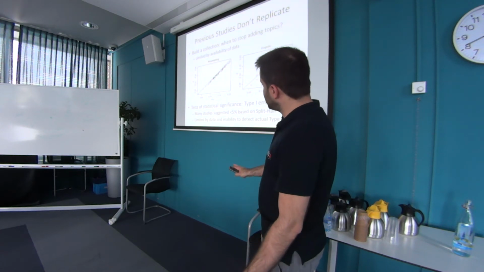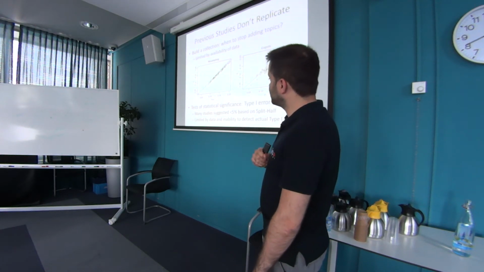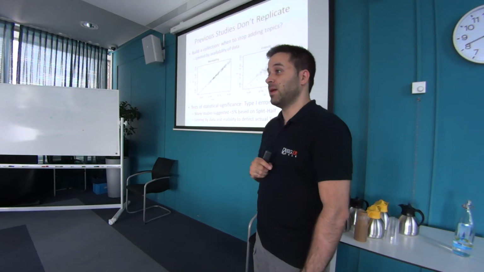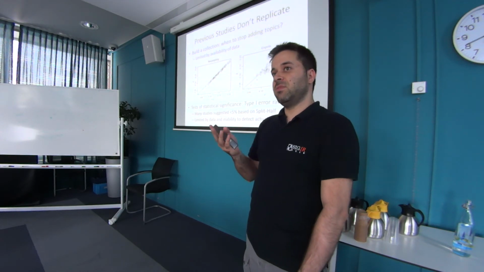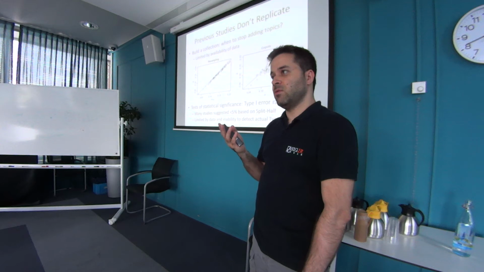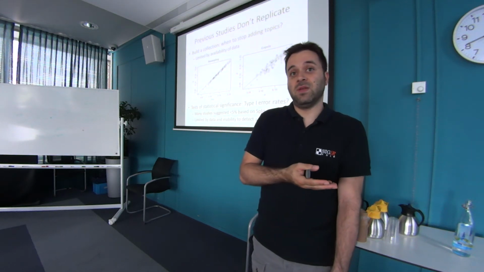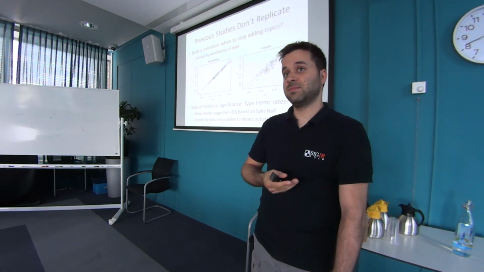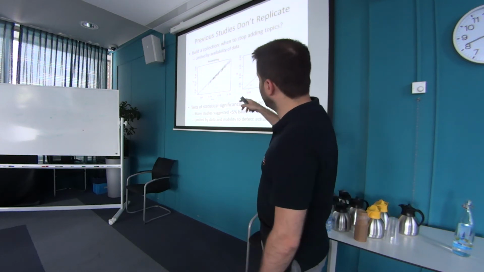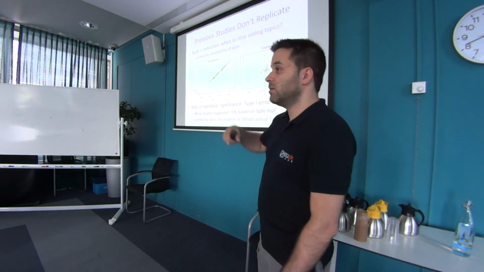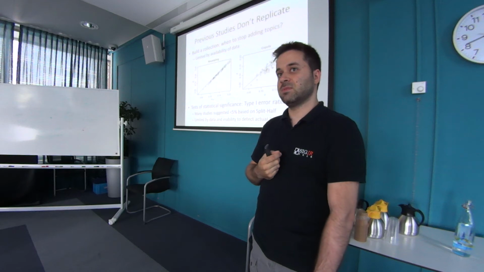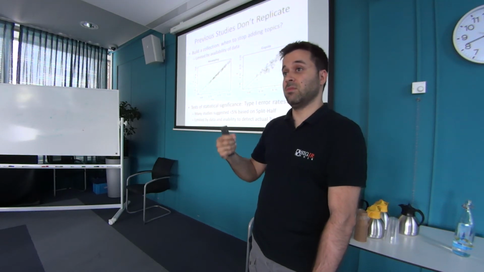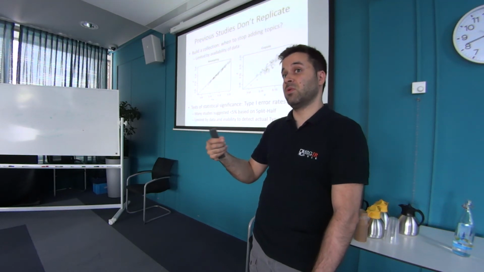And so just finishing, something that we saw is that the previous studies don't replicate. So we saw before that there is a lot of research that was limited by this absence of data with these characteristics. And one study in particular was looking into how well we estimate the variability of systems as we are building collections, as we are making more and more judgments and adding more and more topics.